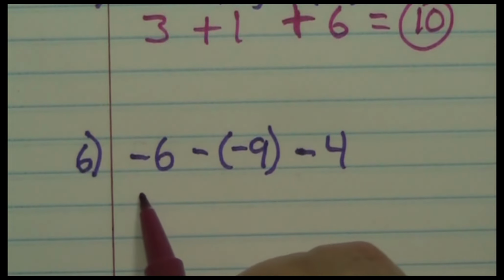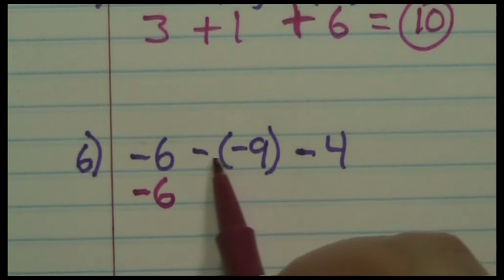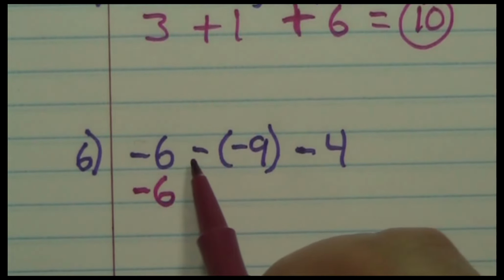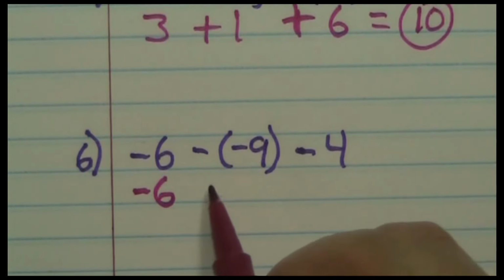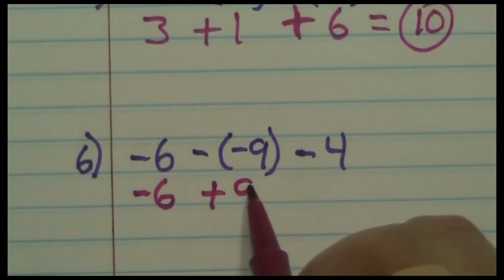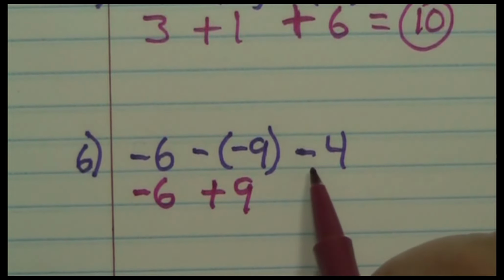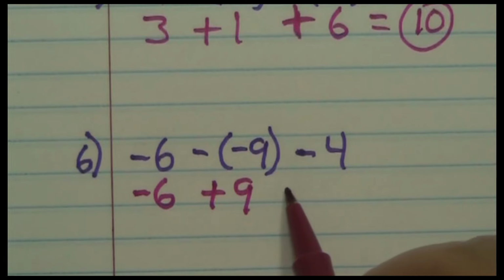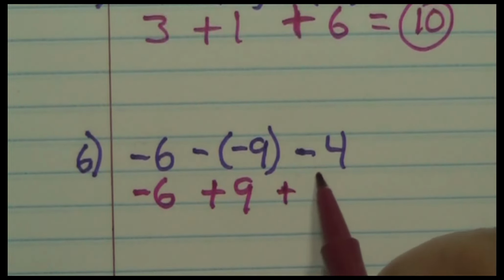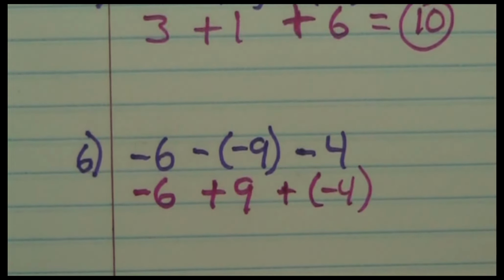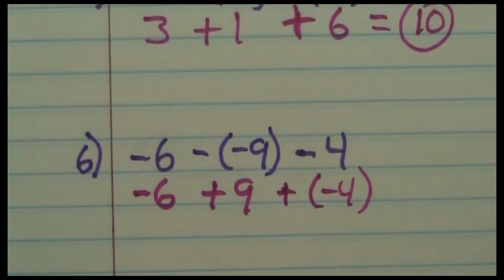Okay, this is just -6, fine. But remember, this makes a big plus, right? Take away cold, makes it hot. And this, take away 4, is the same thing as adding -4. It's like adding 4 negatives.